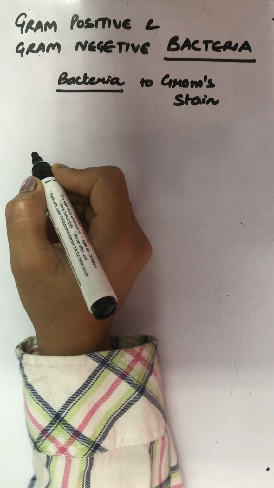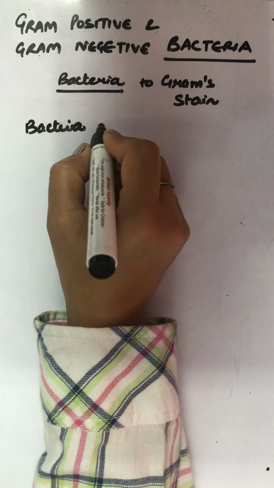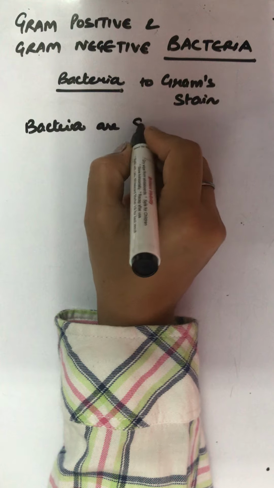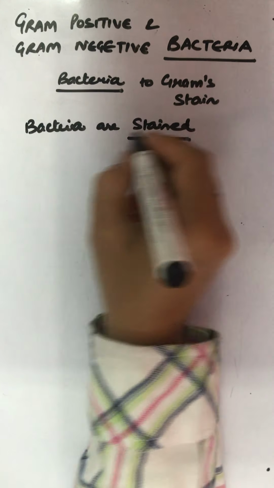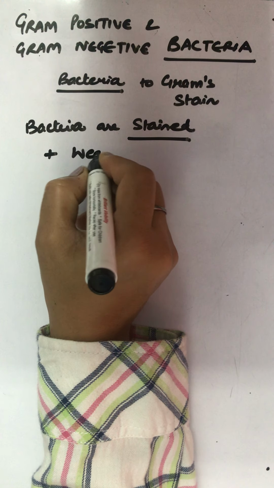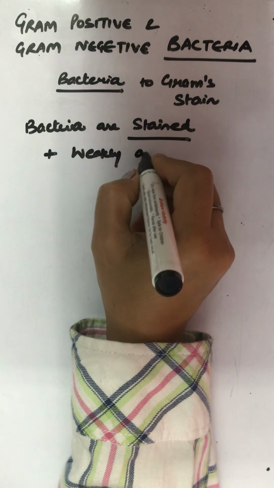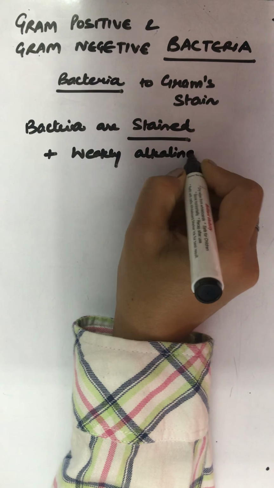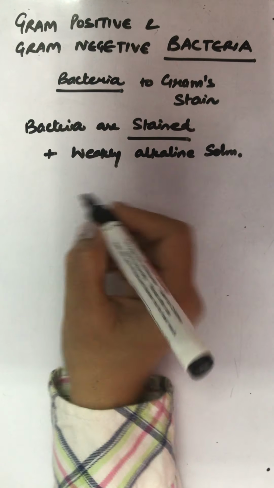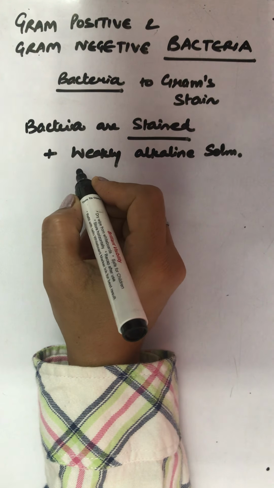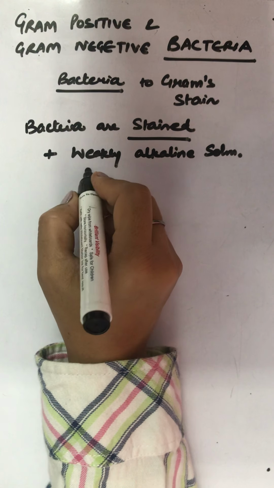What do we do in it is, bacteria are first stained with a weakly alkaline solution. This alkaline solution is of crystal violet, or we say gentian violet.